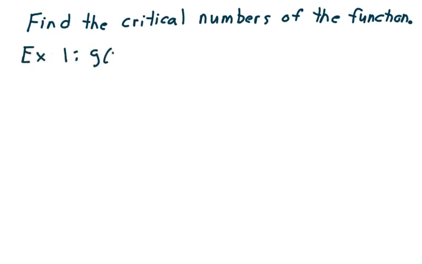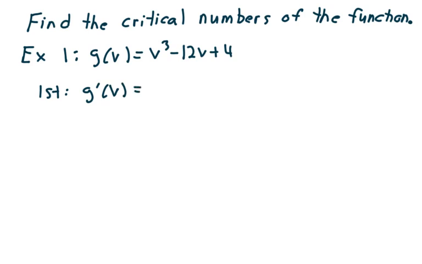Suppose I had g of v equals v cubed minus 12v plus 4. So the first step, find g prime of v. Well, g prime of v is going to be 3v squared minus 12.